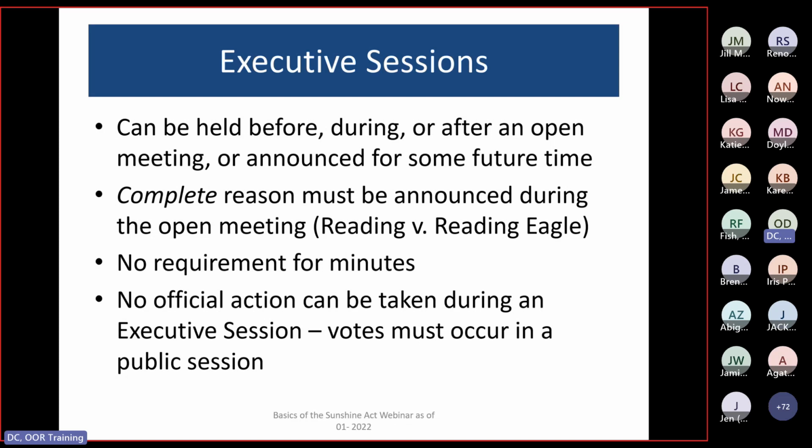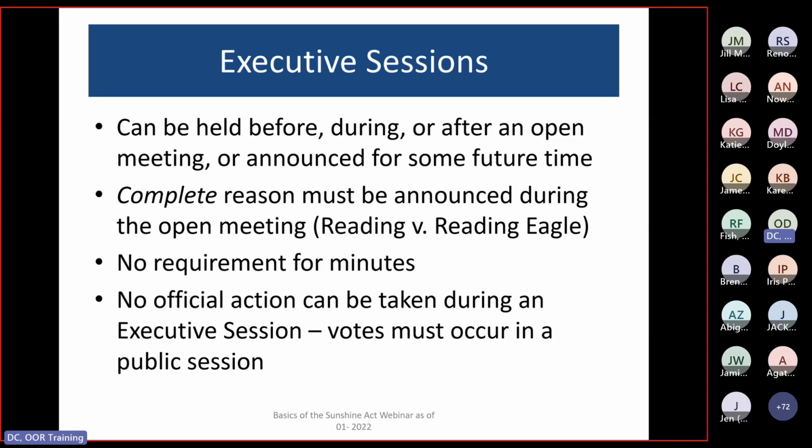Or the borough is being sued in common pleas court by this company. Here's the docket number, and we need to discuss some legal matters with our solicitor. A valid reason for going into executive session and sufficient explanation so that I, as a member of the public, can trust why my elected officials are meeting in secret. I'm kind of paraphrasing what the law says, but that's the gist of the Reading Eagle case.